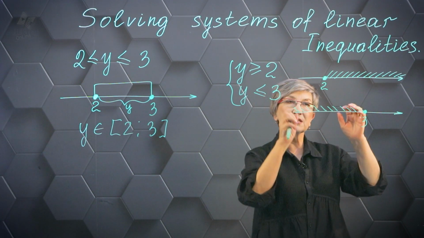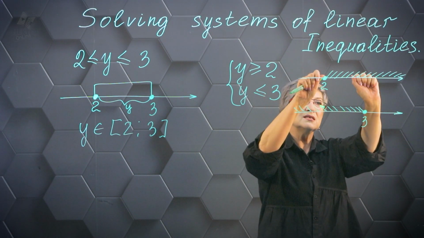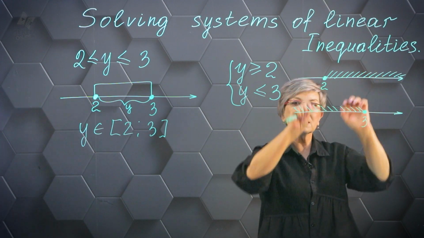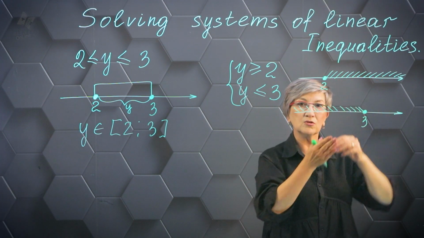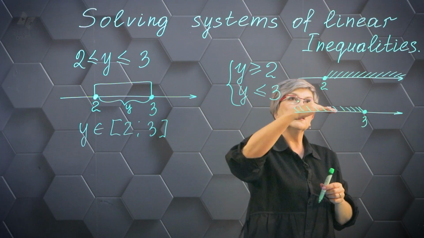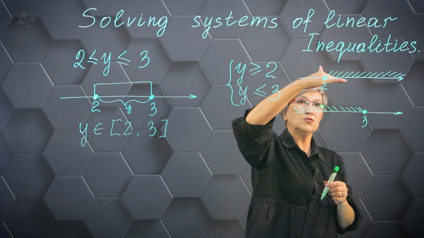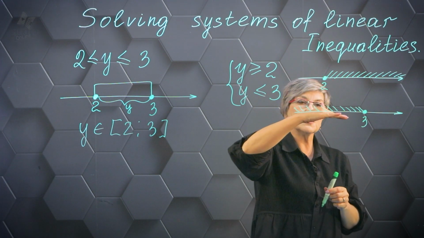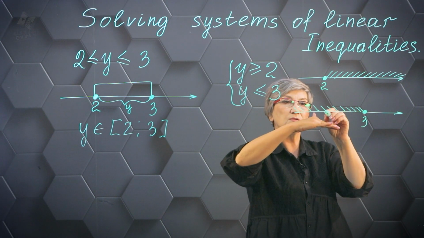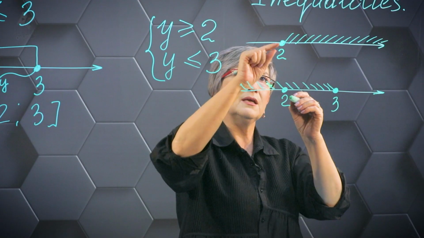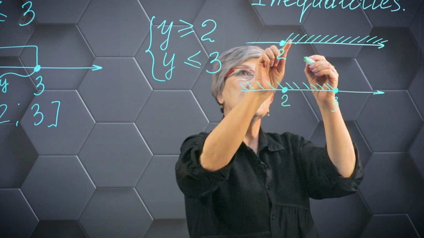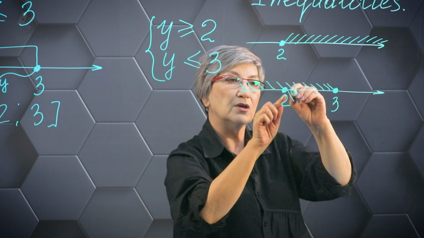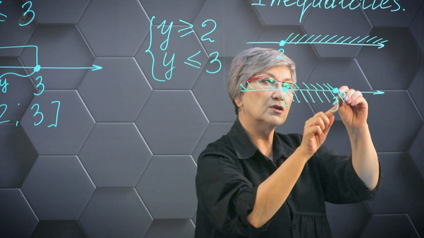Imagine that I connect these two coordinate lines. I superimpose one coordinate line on the other. Let's match the first coordinate line with the second. What do we get? Point 2 is here, and the variable values are to the right. I demonstrate these values through the use of these lines.